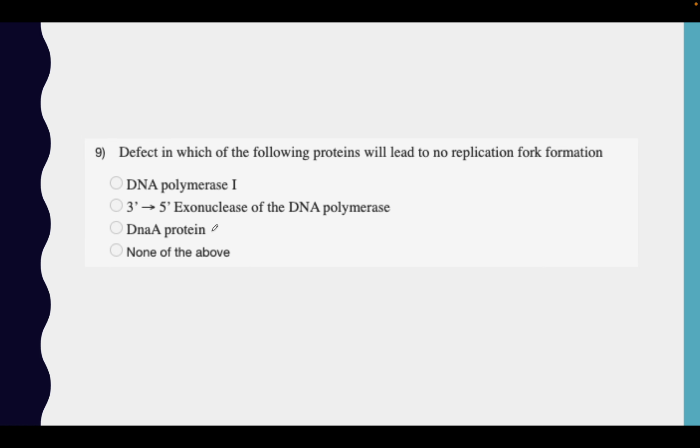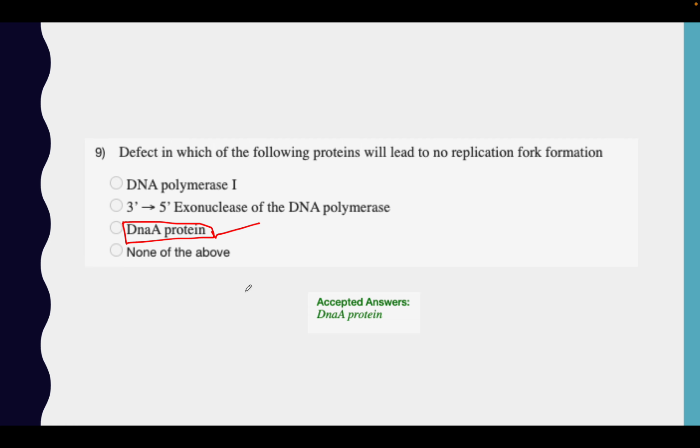It will be the DnaA protein. A few questions back, we learnt that the DnaA protein is responsible at the ori C, where I was talking about 9-mers and 13-mers. So this particular protein is crucial for initiating DNA replication by binding to the ori C, and it is essential for the formation of the replication fork.